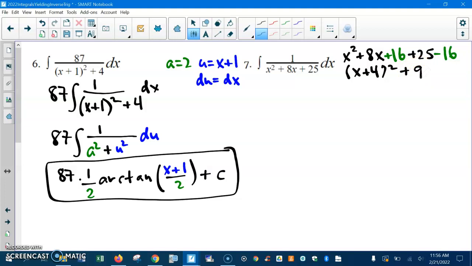And now my integral really does look like the integral I had in number 6, where I have two perfect squares, one a constant and one a variable. So I'm left with 1 over x plus 4 squared plus 9 dx. So a, my constant, is 3, because 3 squared is 9.